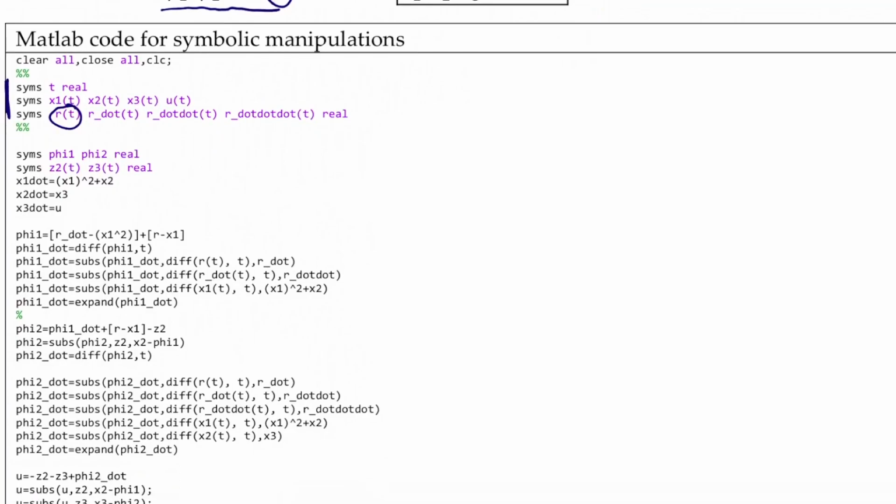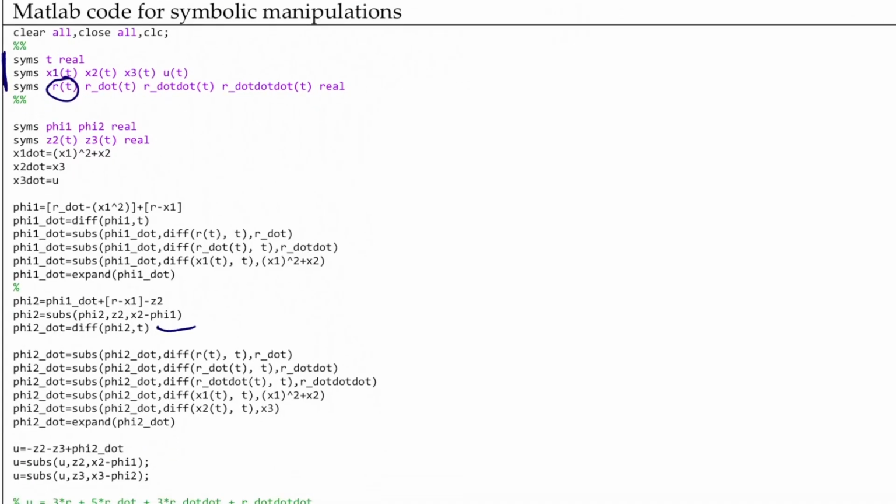So we are basically creating phi2 dots, and phi2 dot of course will have many derivative terms in it, okay. Why? Because the phi2 signal has phi1 dot in it and also r, x1 and z2, and so we will also have r dots as a result of this differentiation operation, okay.